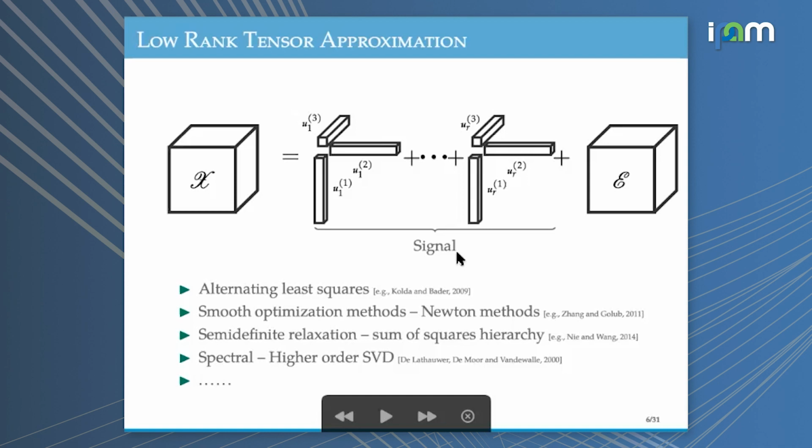But your hope is you want each of these rank 1 tensors to explain as much variation as possible. Let's say you have a rank 100 approximation explaining 99% of the variation, versus a rank 3 explaining 50%. Then the latter probably is more useful than the former, because it's a very low rank one. It explains 50%, so in a way it captures some of the essential features of the data.